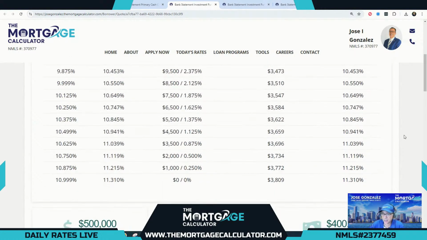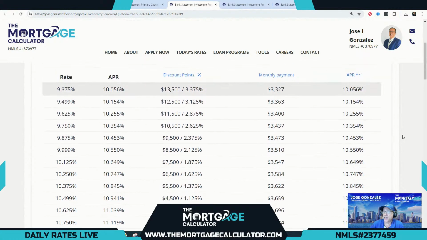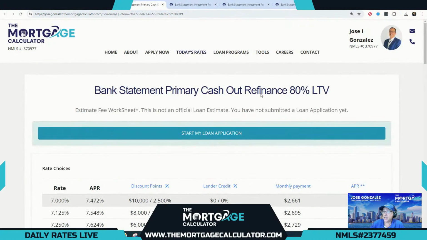10.999 is our lowest cost option at par. And you can buy that down to 9.375 at a cost of 3.375 points. And for our cash out options, our highest LTV under a cash out refi is 80%, whether it's primary or investment.